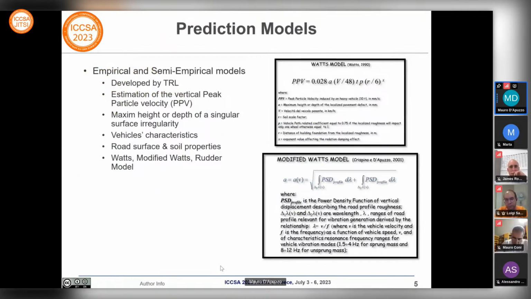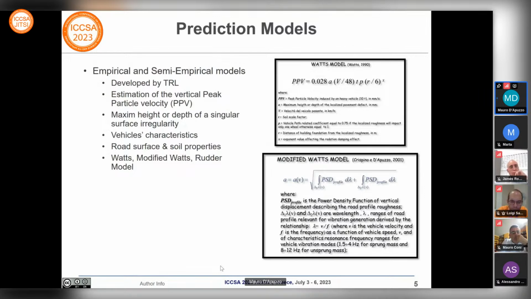So the first research attempt was to develop some sort of very simplified prediction model, based on a previous research task that was developed by the Transportation Research Laboratory, and we came up with what we call a modified Watts model.